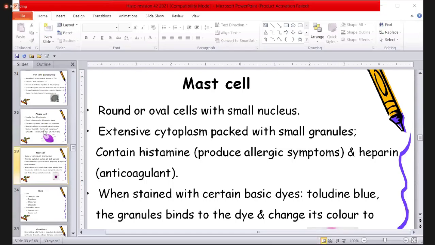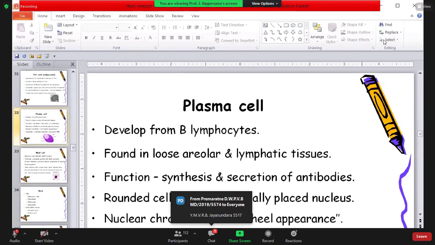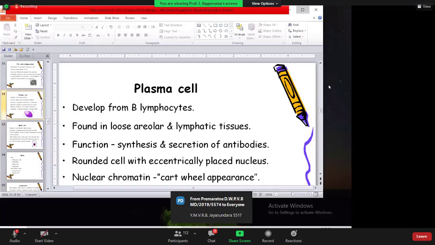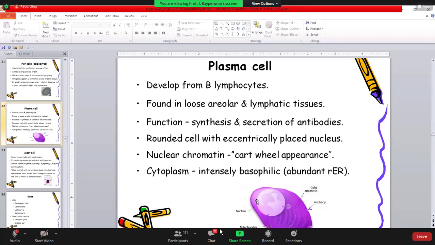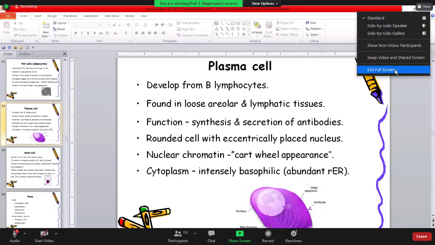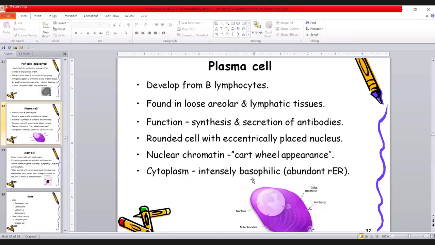You want to see plasma cells? Okay. So you have to remember this. You can see that it's oval in shape, and on one corner of the cell you have a very rounded nucleus.